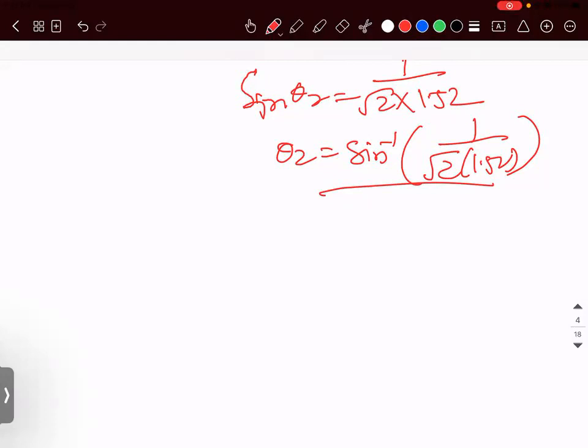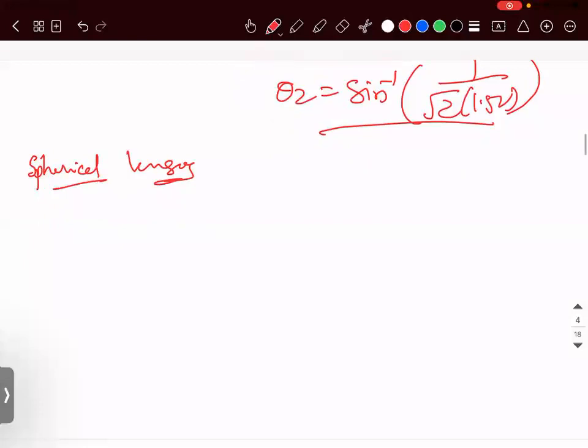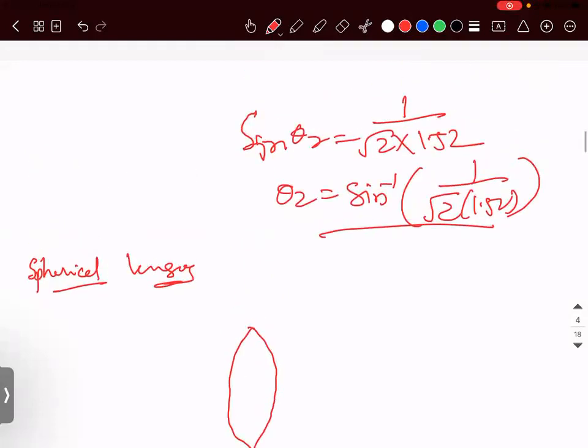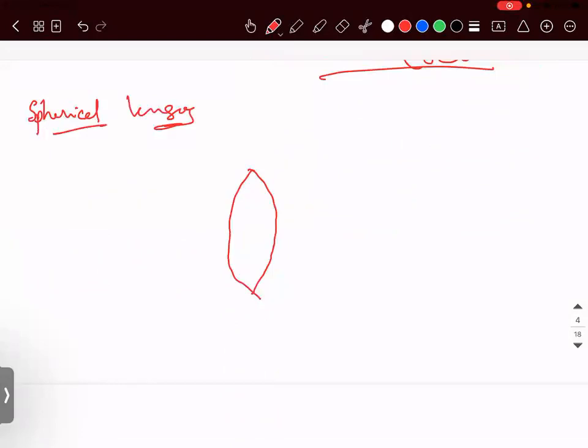So let's consider the two spherical lenses, concave and convex. Let's consider convex. Even though it is not exactly a convex lens, consider it is a convex.